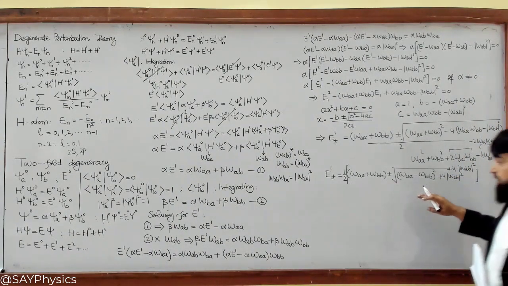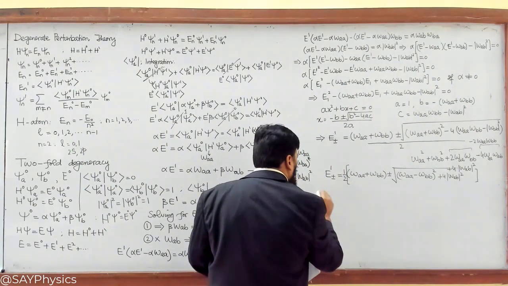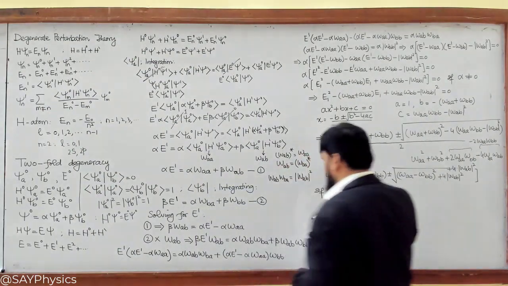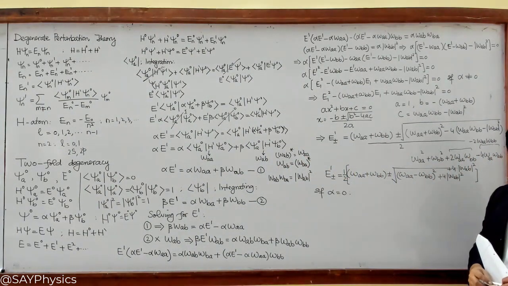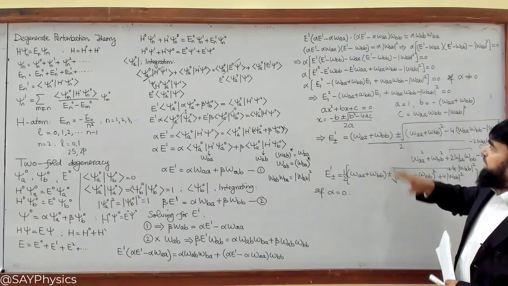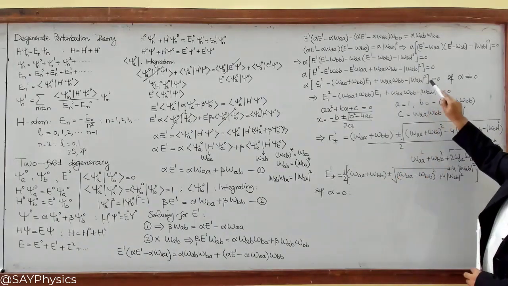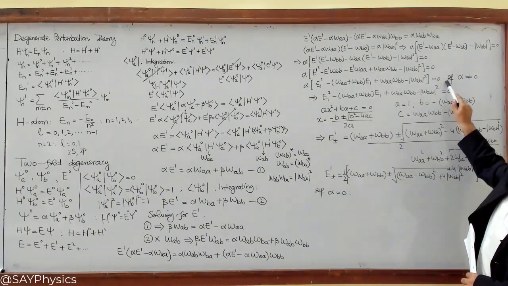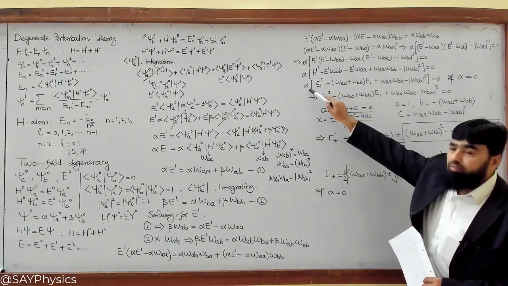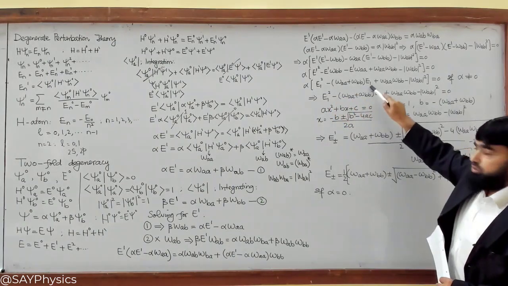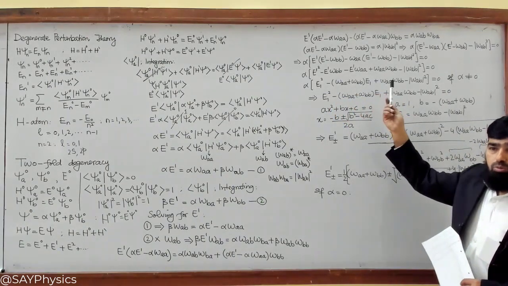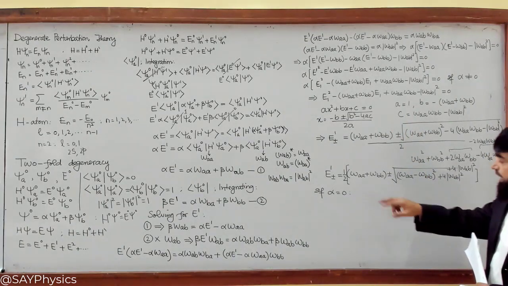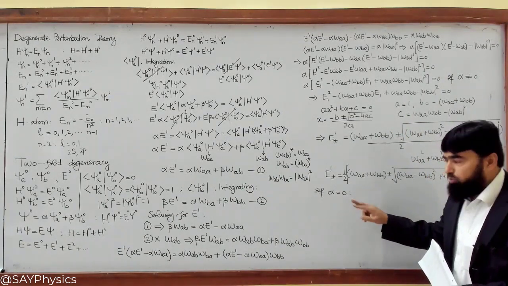But what if alpha is equal to 0? When you say that alpha times this equation is equal to 0, it means either alpha is 0 or this is 0 or both are 0, right? This is the possibility. So if alpha is 0, then what will happen?